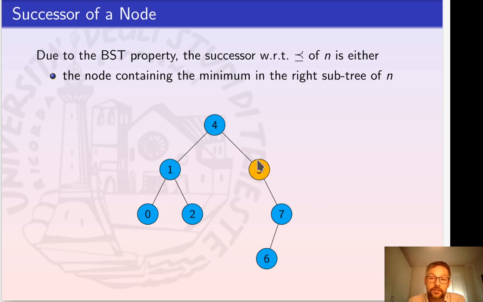So here, for instance, I'm dealing with this node. I want to find the value just next to 5. In this case the value next to 5 will be this one, the 6. So how can I find it?